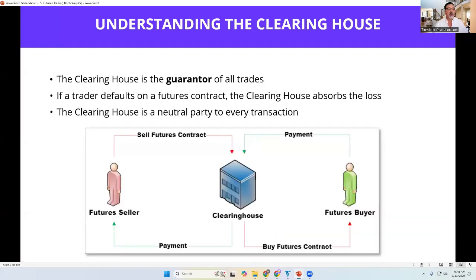So when we make a trade, trading futures, our order gets processed and goes through the clearinghouse. So we have a futures trader, whether they're selling a product or buying a product. We transact that through the clearing. When we open or close that, all trades go through the clearinghouse.